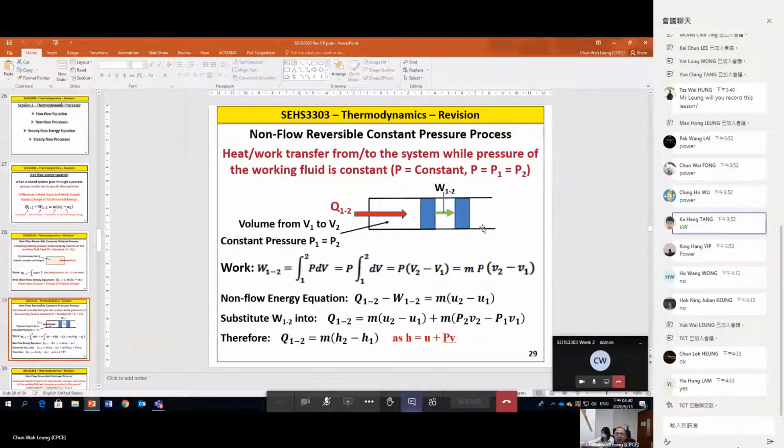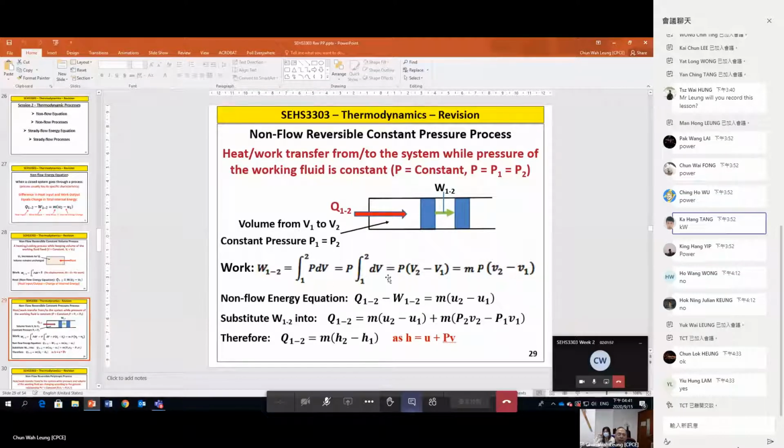So if the working fluid is water and steam, then from the steam table you work out what is V1, what is V2, what is H1, what is H2, and you solve both heat and work.